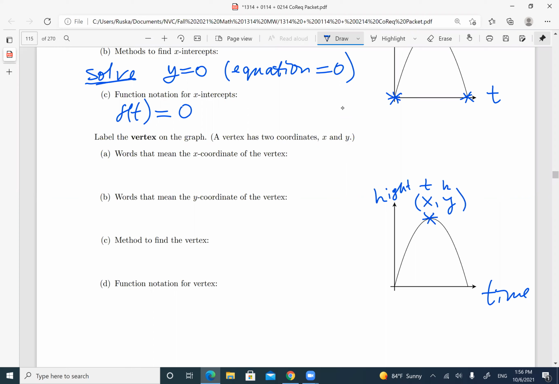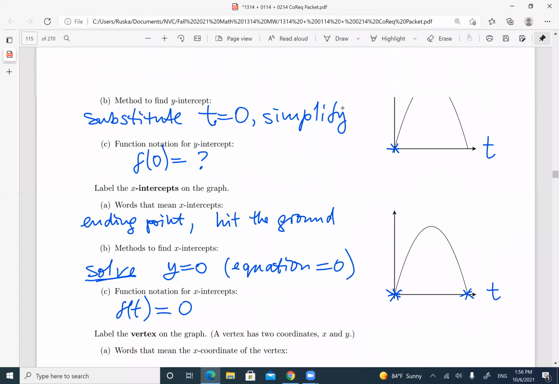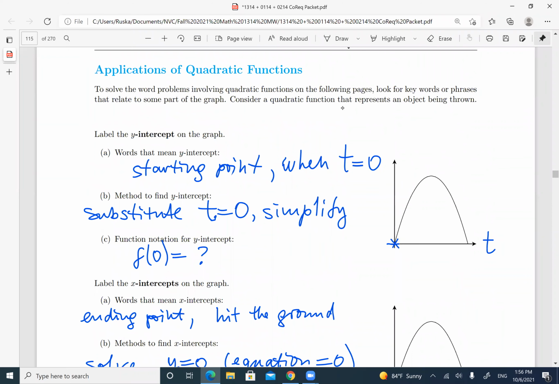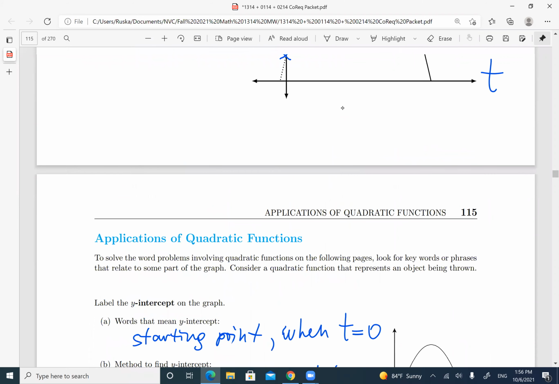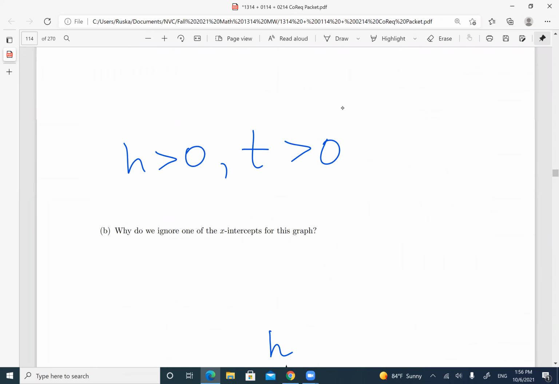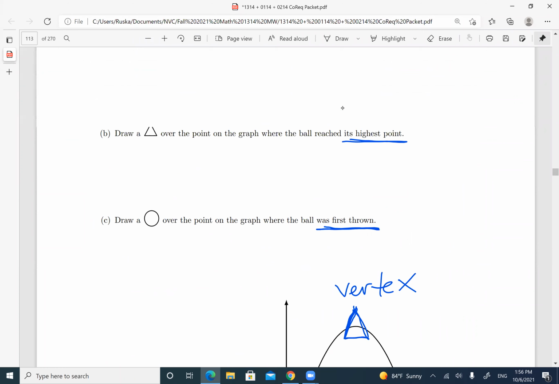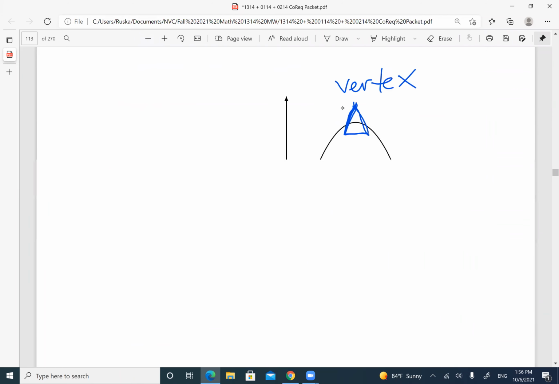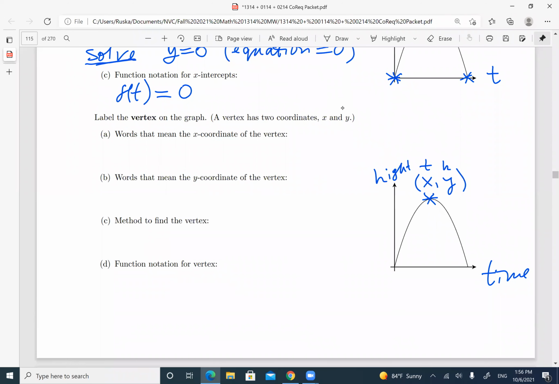Okay. So now, what word do you use to find the x coordinate? Think about it.